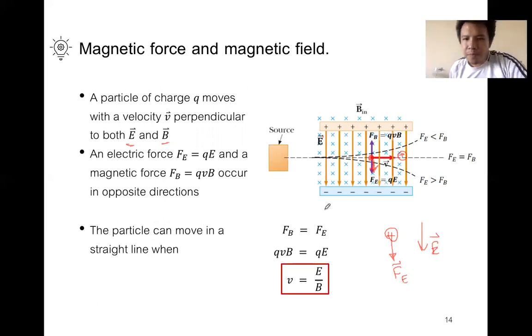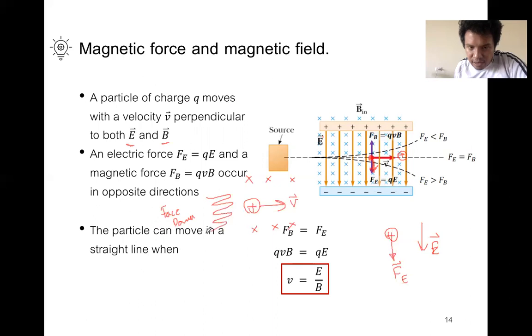Then when a positive charge is moving with the velocity v within the magnetic field that is going in, using the right hand rule, if I put my hand face down to the screen, my four fingers are here, then my hand face down means magnetic field in, then I get the force going up by the direction of the thumb.